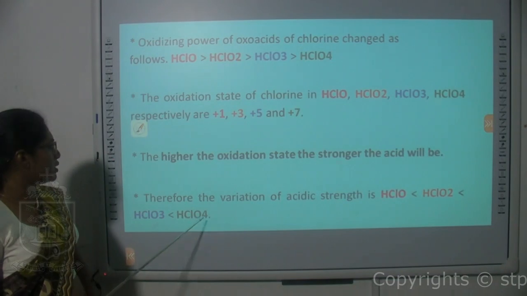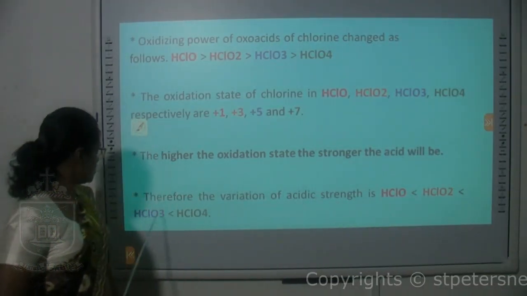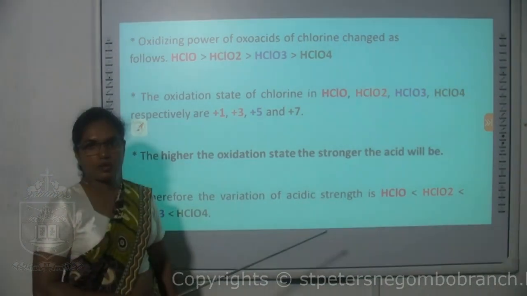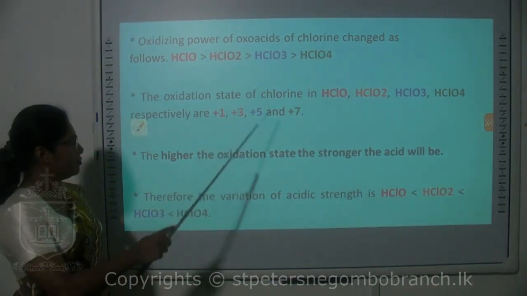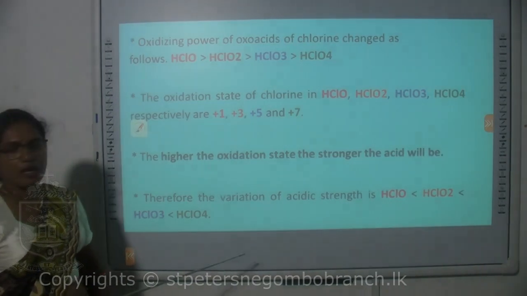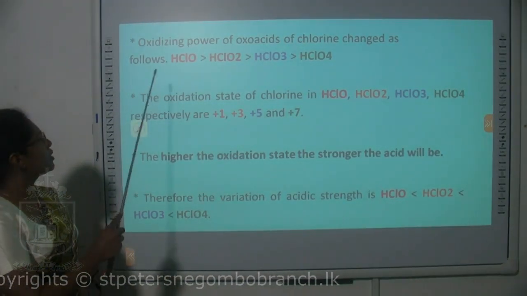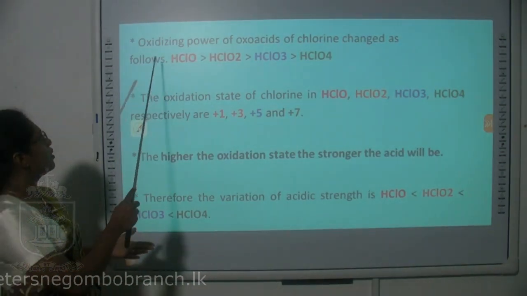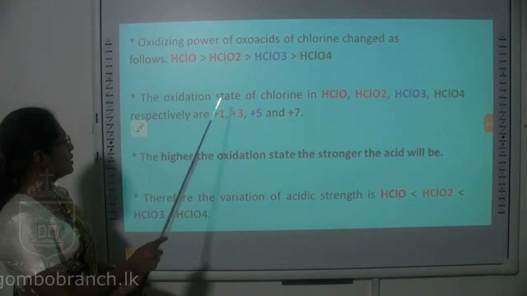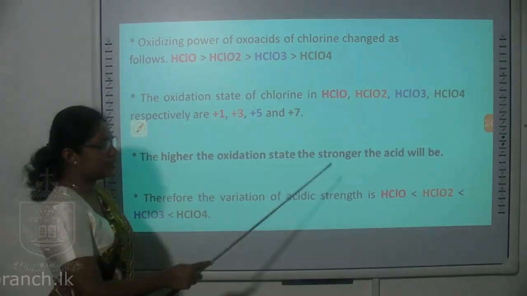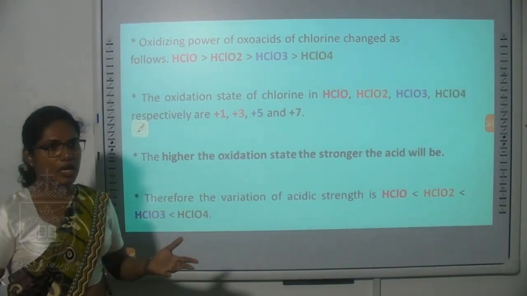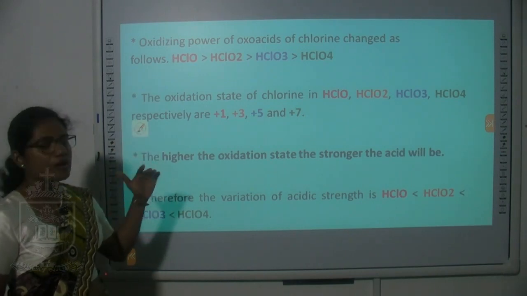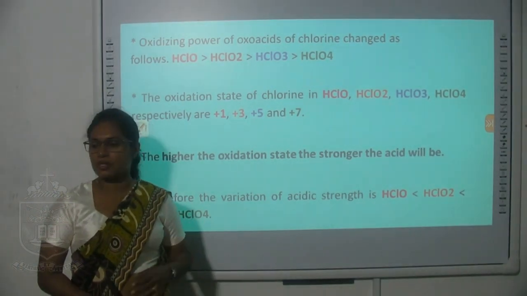That means when the number of oxygen atoms increases, the acidic strength also increases. If you see this carefully, you can understand the gradual change of oxidizing power, oxidation state and acidic strength, and how they change with the oxidation state and with the number of oxygen atoms.